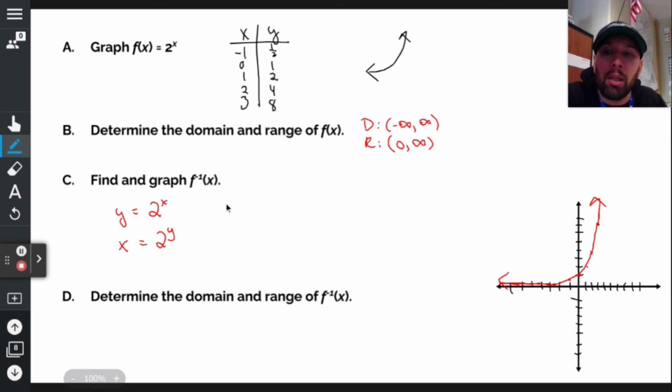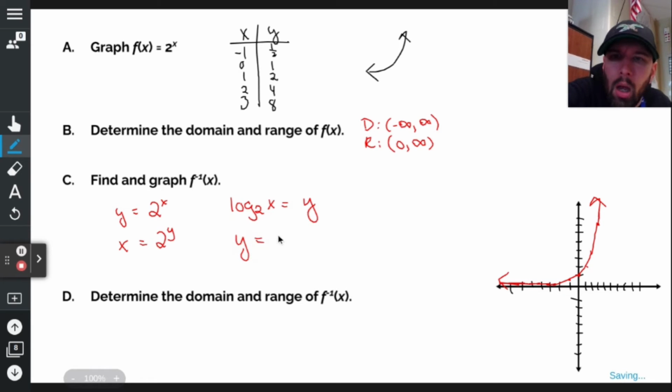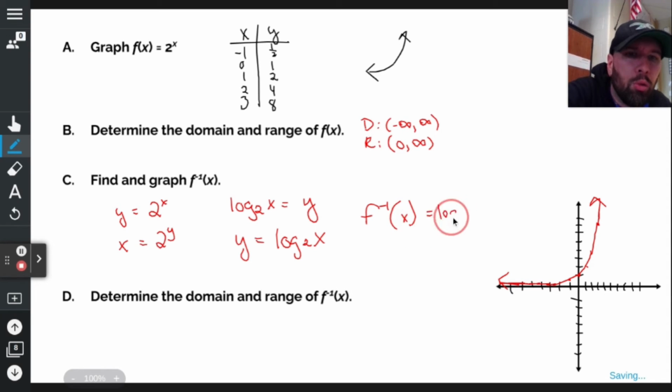So that gives me log base 2 of x is going to equal y. Or you could just rewrite it in exponential form, whatever works. Let's flip this over. y equals log base 2 of x. And let's call it f inverse instead of y. So f inverse is going to be log base 2 of x.